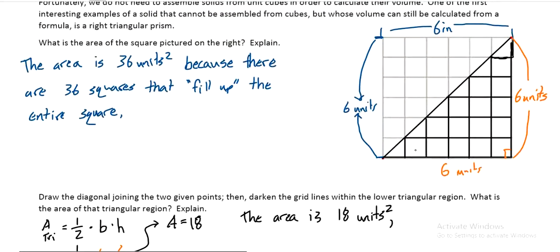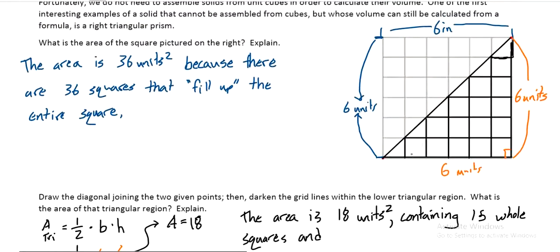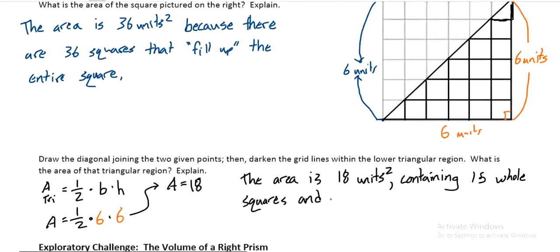And if we look into it, well, we don't have 18 perfectly whole squares. We have 1, 2, 3, 4, 5, 6, 7, 8, 9, 10, 11, 12, 13, 14, 15. We have 15 whole squares, and see these right here are half squares. They were cut in half. We have 1, 2, 3, 4, 5, 6 half squares.